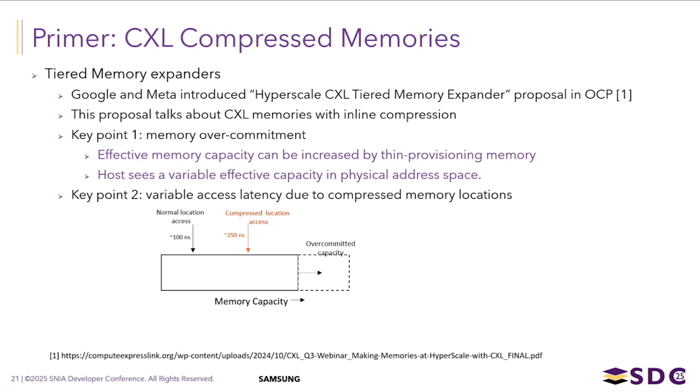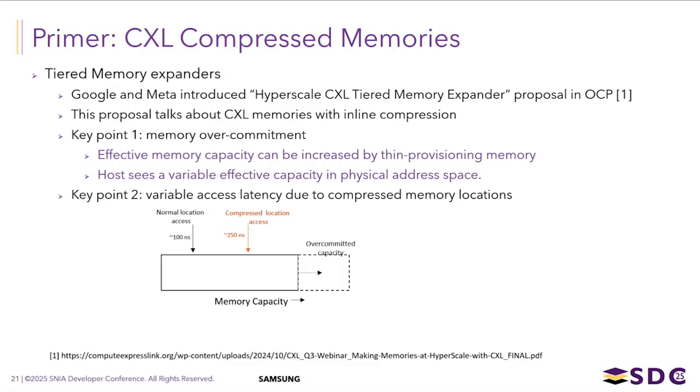If the device is doing a very good job in compression, the effective capacity could be made 2 TB or 3 TB and so on. So the host will be able to see the effective capacity in the physical address space instead of the original capacity. How that capacity is expanded and released is still under discussion. There are different mechanisms being discussed right now.